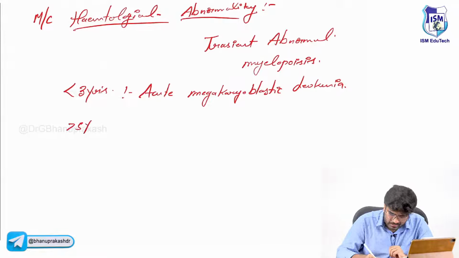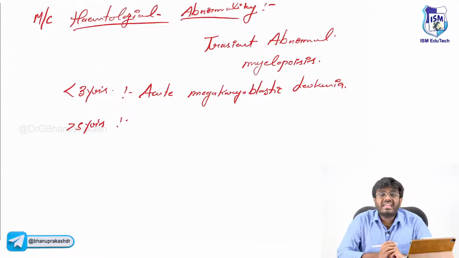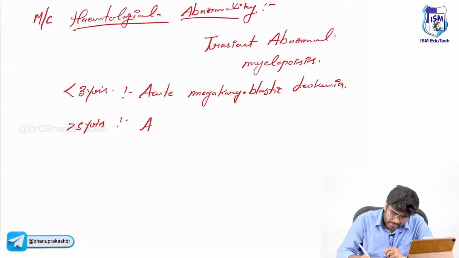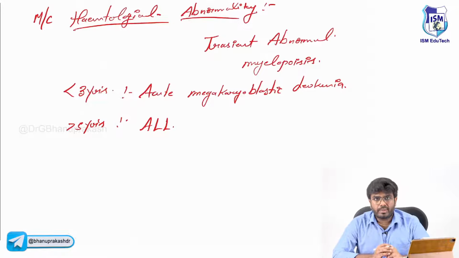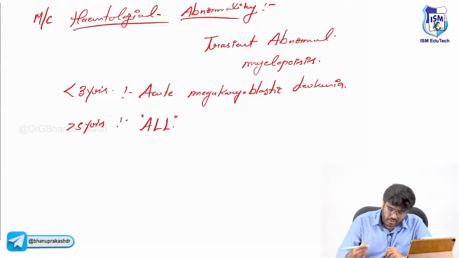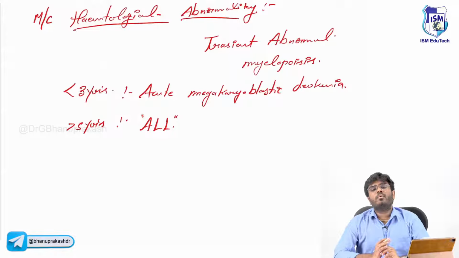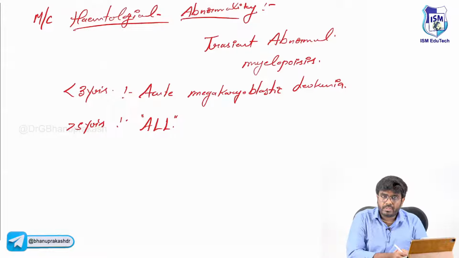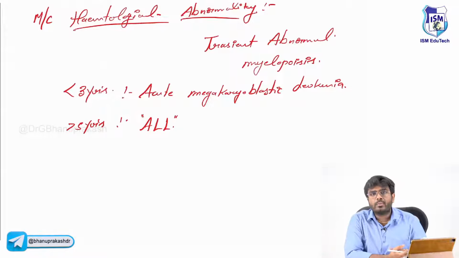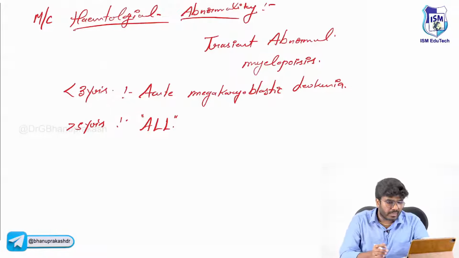After 5 years, the blood cancer they can develop is ALL, acute lymphoblastic leukemia. Before 3 years, acute megakaryoblastic leukemia.